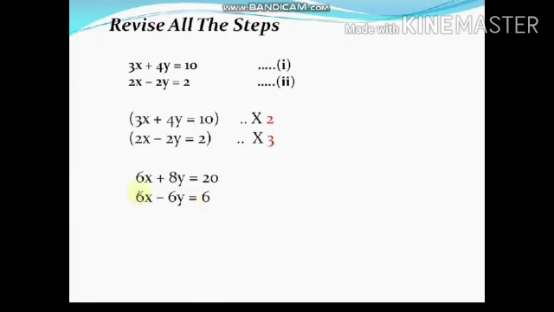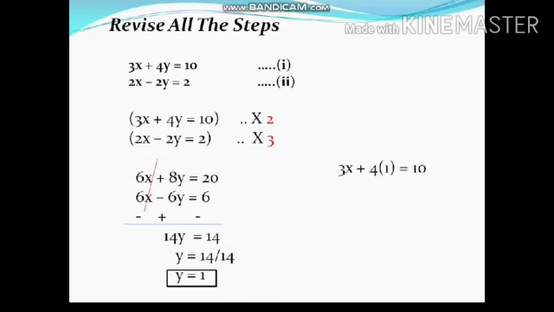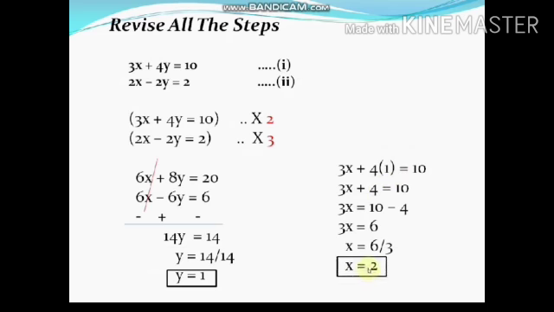Again here both the terms are positive, so we will subtract this equation. Again this 6x will cancel with this minus 6x. And when we will simplify, we will get y equal 1. Now we will substitute the value of y in first equation. 3x plus 4 into 1 equal 10. When you simplify this, you will get x equal 2.